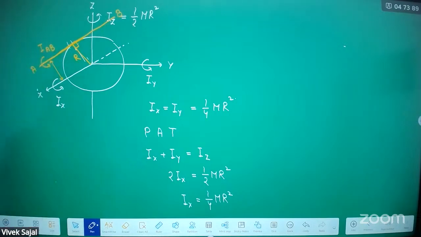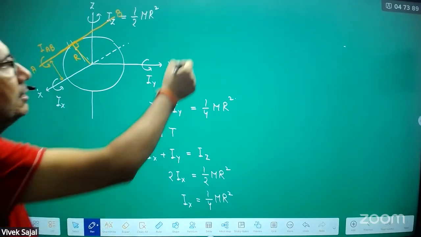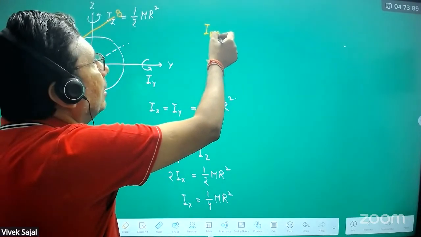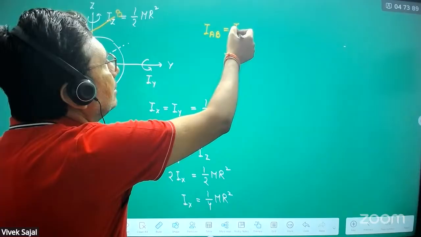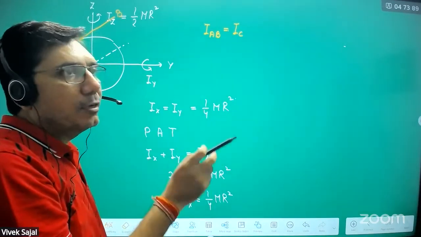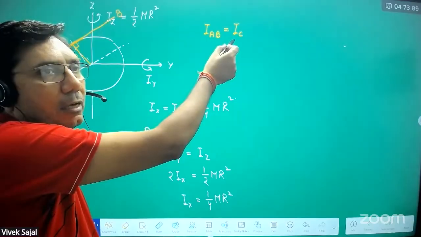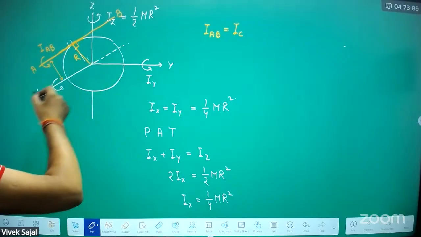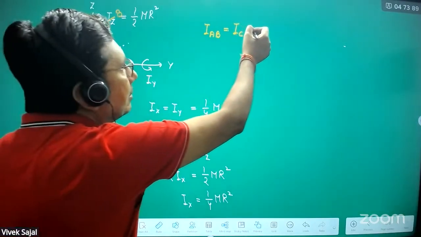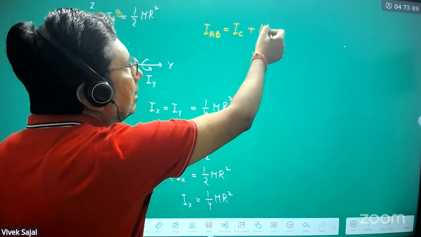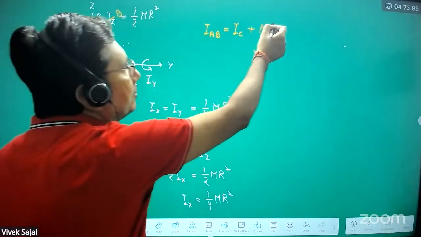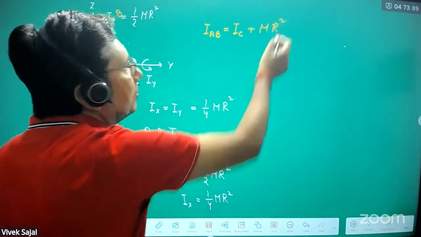So IAB will be equal to IC, the moment of inertia about an axis parallel to AB and passing through the center of mass, so this is the x-axis, plus the mass of the disk times the perpendicular distance between these two, that is R, so mR squared.